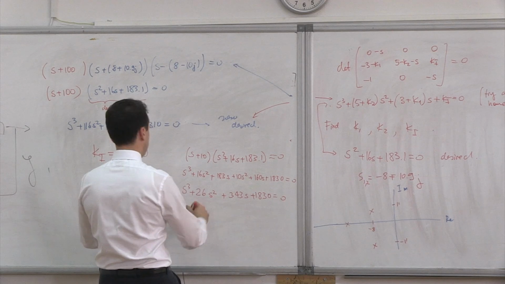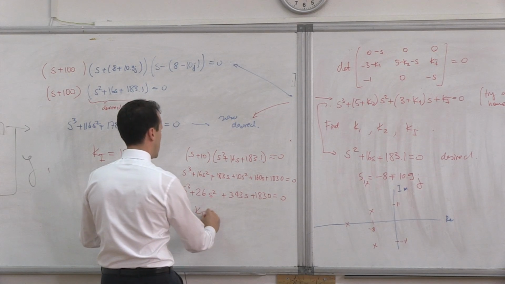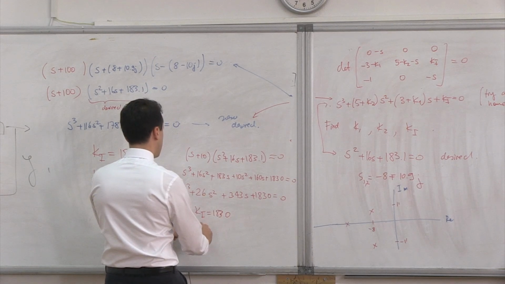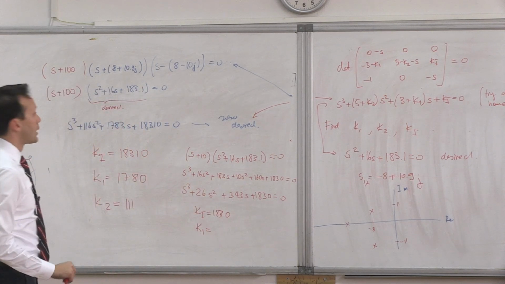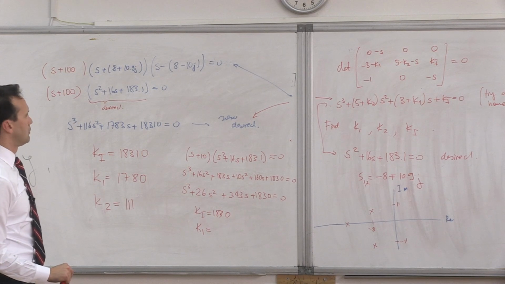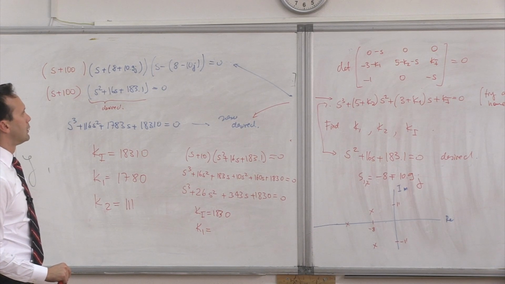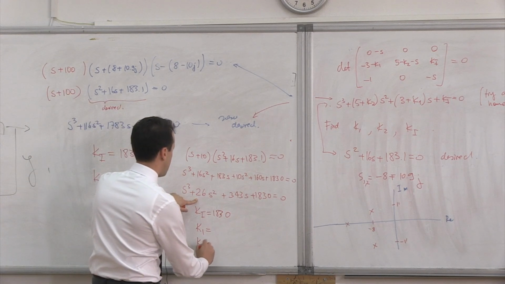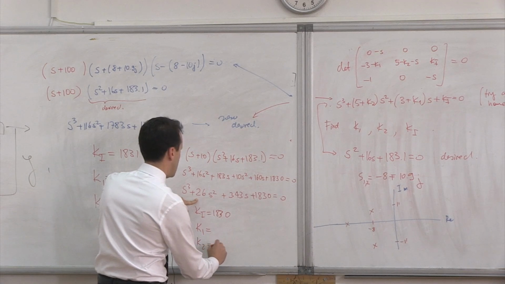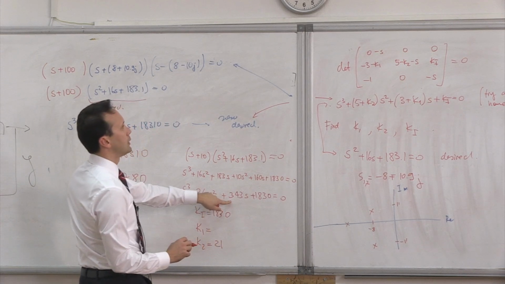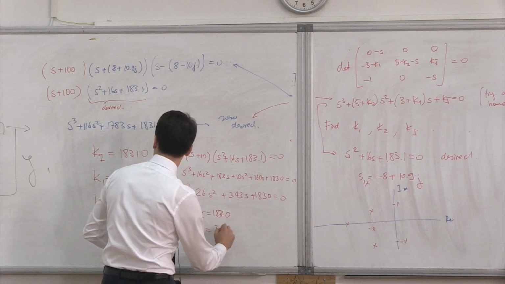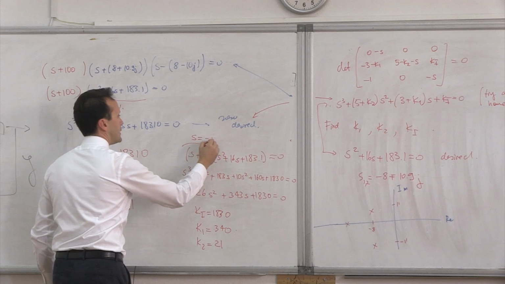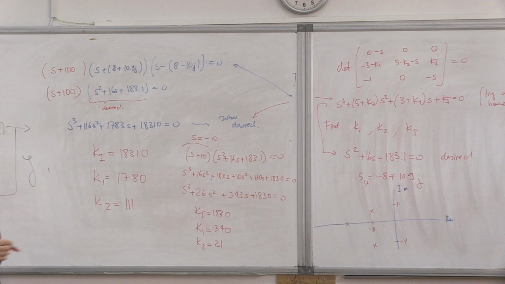In which case, Ki is equal to 18330. K2 is equal to 21, and K1 is equal to 340. Okay? So this is when I introduce it at minus 10, right?